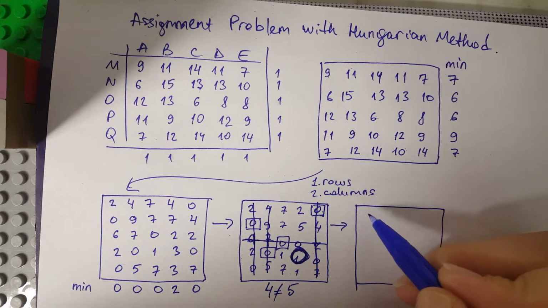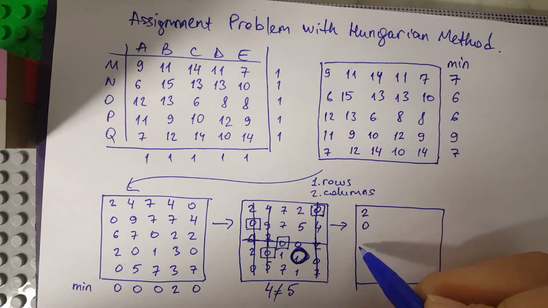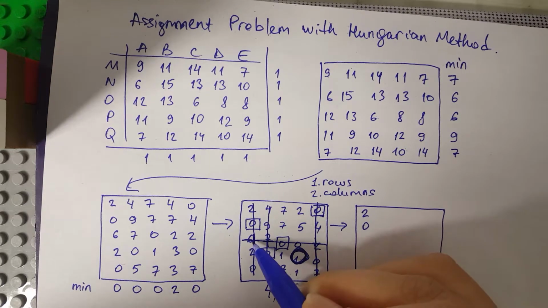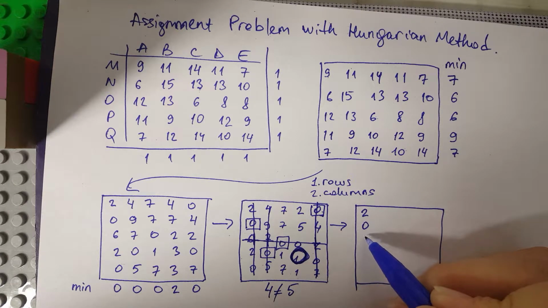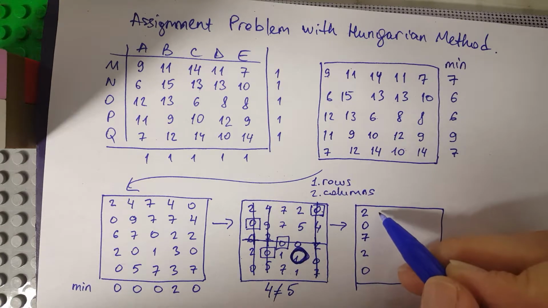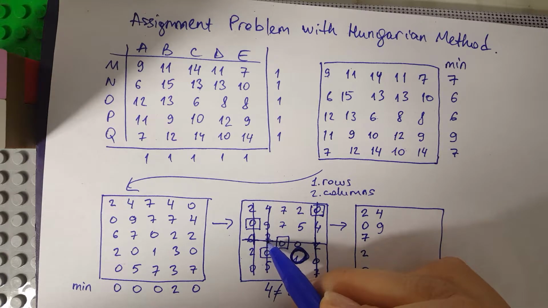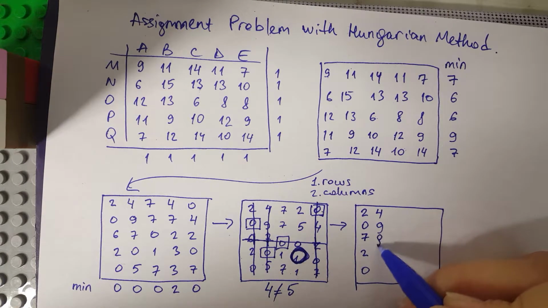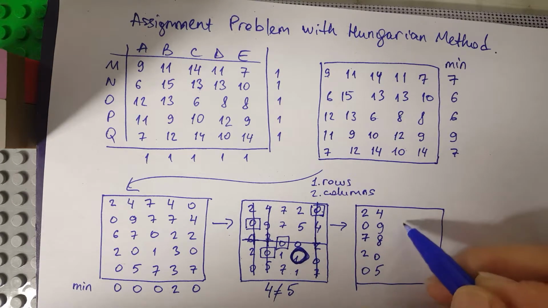So let's start. 2, 0, and 6. It is at the intersection of two lines, so we will increase it by 1. It will be 7. It will stay the same. Here also the same, and 7 is on an intersection, so it will be 8, 0, and 5.